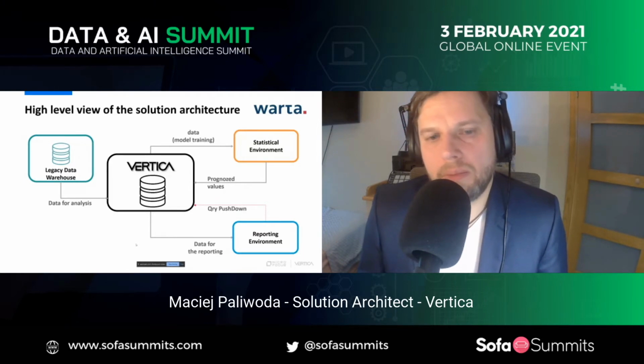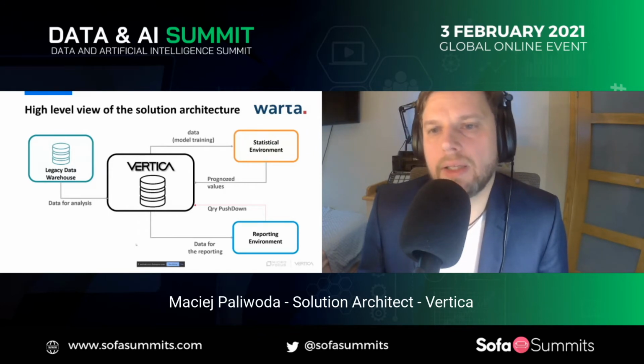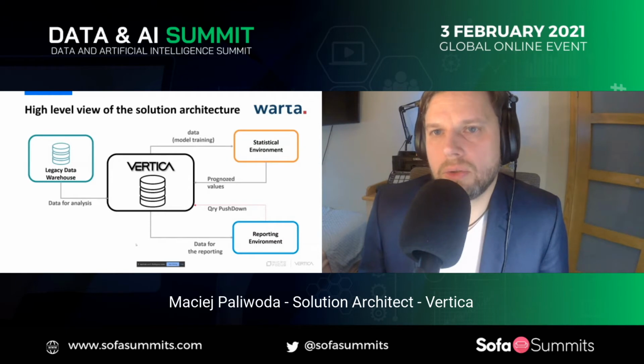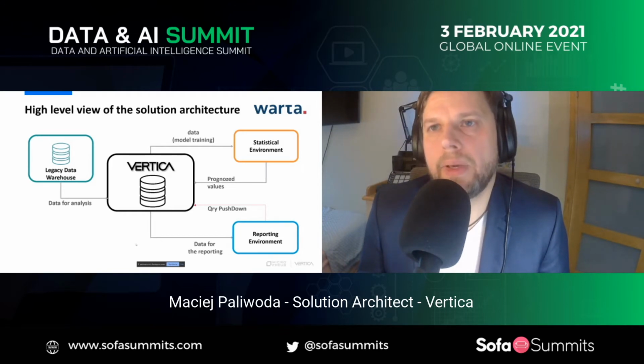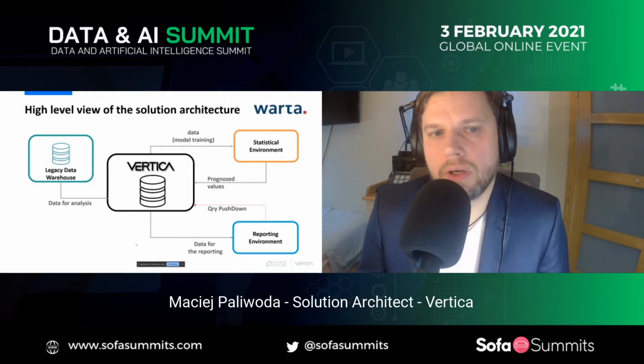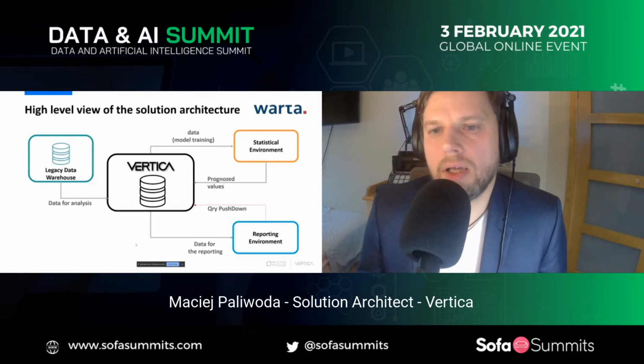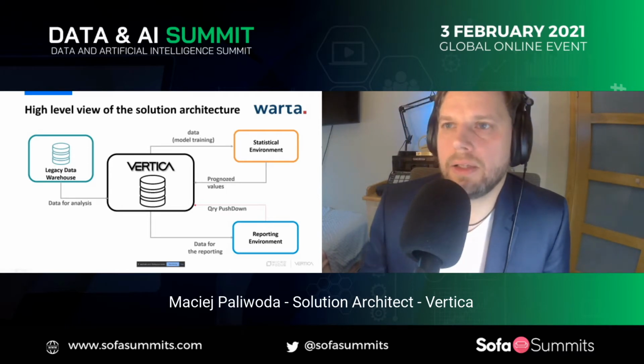And Vertica became a central hub for the data, allowing them to clean the data, prepare the data, do some feature engineering, and it was also a repository for data being sent to the statistical environment. It is also worth stressing that they only move, on the fly or temporarily, the data necessary for the model training that took place in that statistical environment.